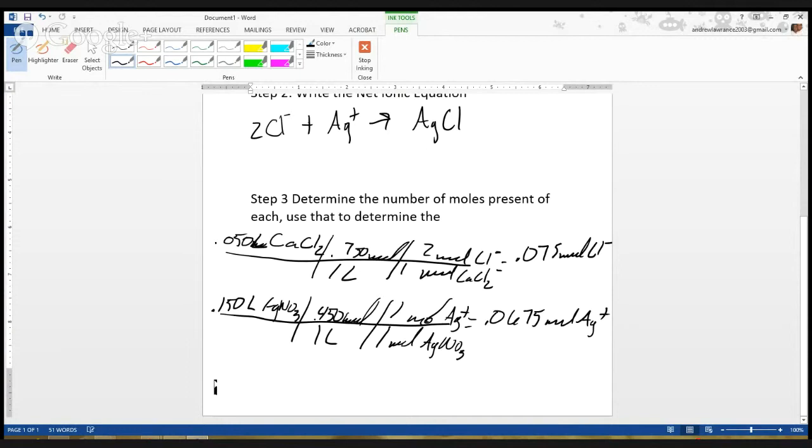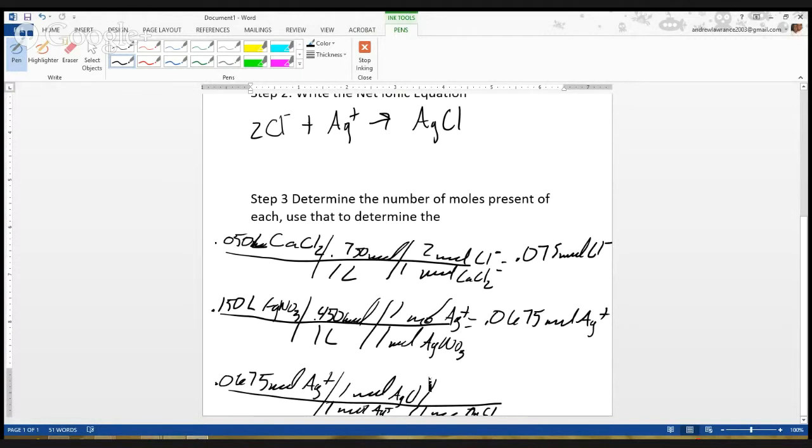So with 0.0675 moles of Ag plus, knowing that you need 1 mole Ag plus for every 1 mole AgCl, 1 mole AgCl goes to the bottom. And I need the molar mass of silver chloride.